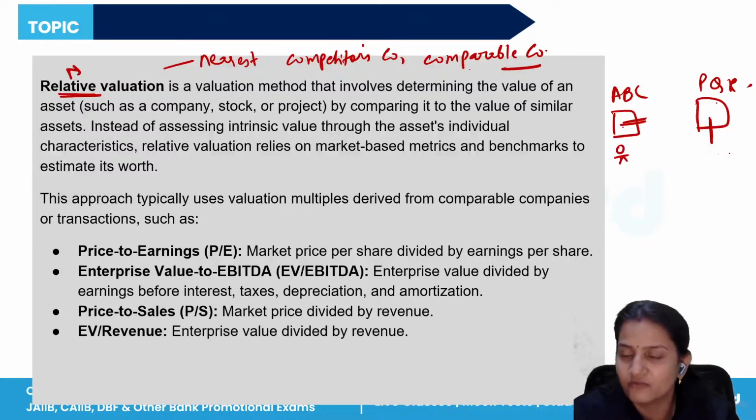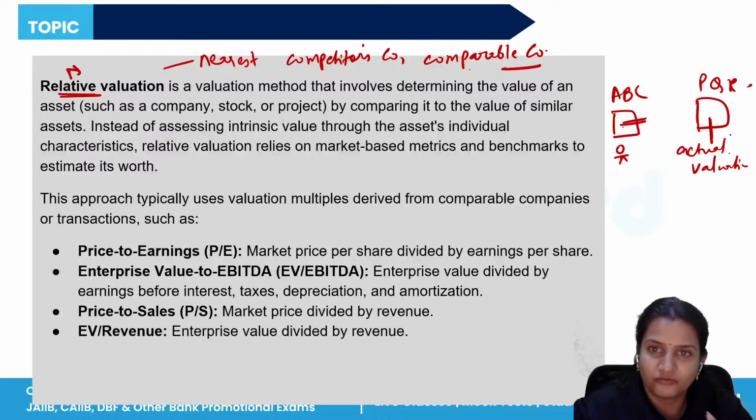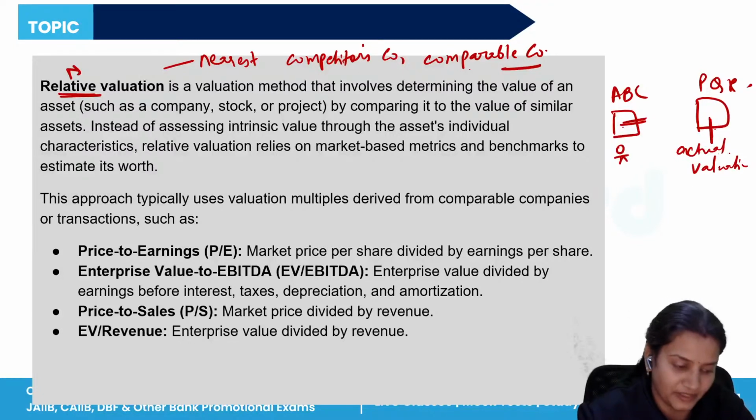So ABC company now wants to purchase PQR company, but the actual valuation of this company is not possible. Why? Because this company has realized all of its assets. They have only the obligation to pay their liabilities.